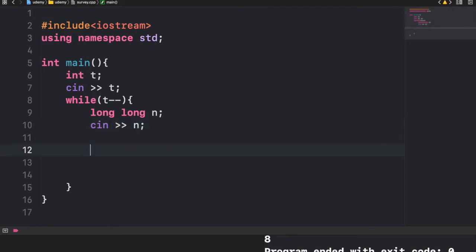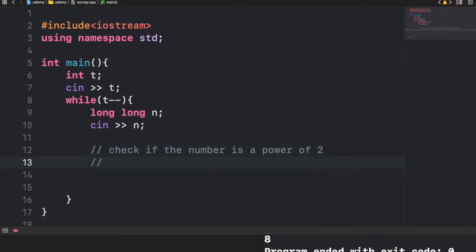And so the first thing we want to do is check if the number is a power of 2. And the reason why is because, as I already explained, a number that is a power of 2 needs to be connected to a city that is the power of 2 plus 1. So for example, if we have city 4, that will be represented by 0, 1, 0, 0.